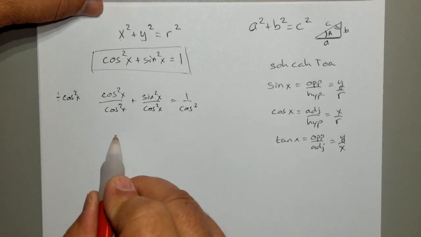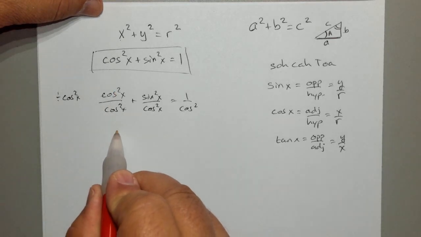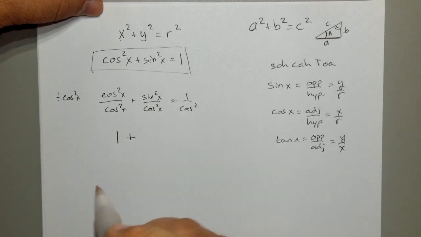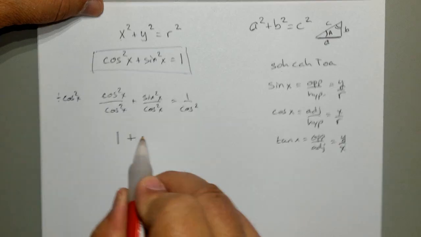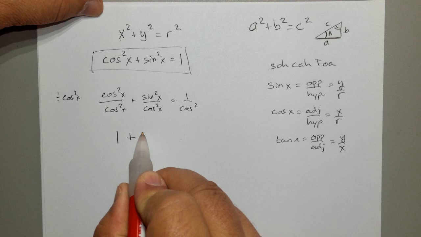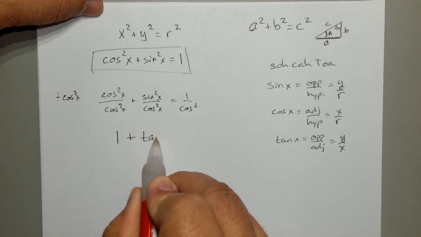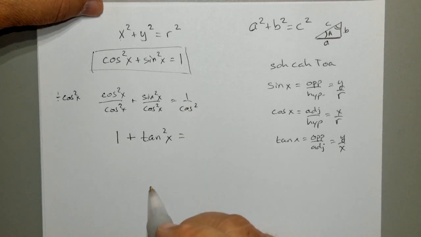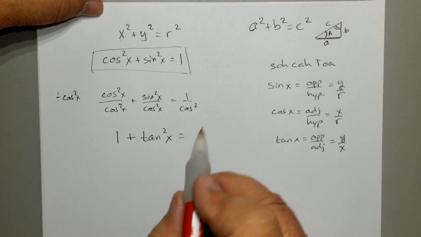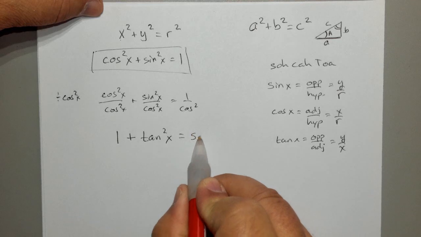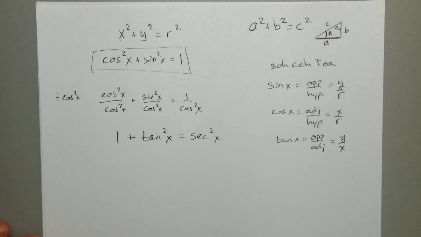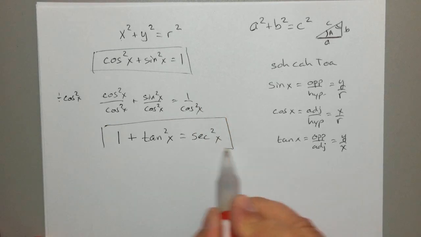What is cosine squared over cosine squared? 1. Sine squared over cosine squared? What's sine over cosine? Tangent, since it's squared. 1 over cosine? Secant squared, right, since it's squared, it's secant squared. Here we have our second identity.